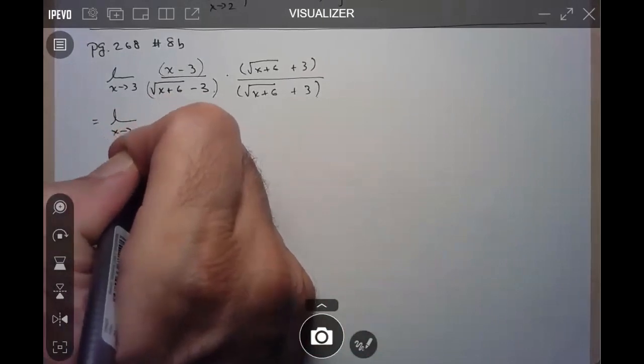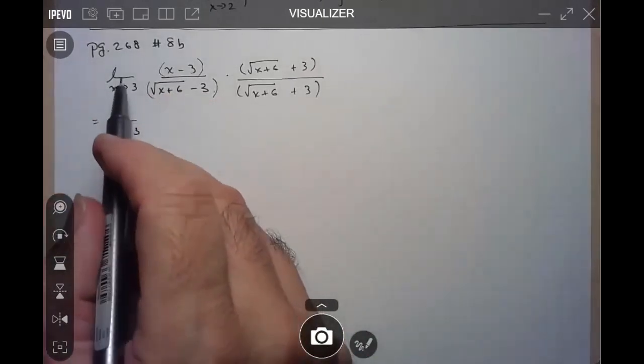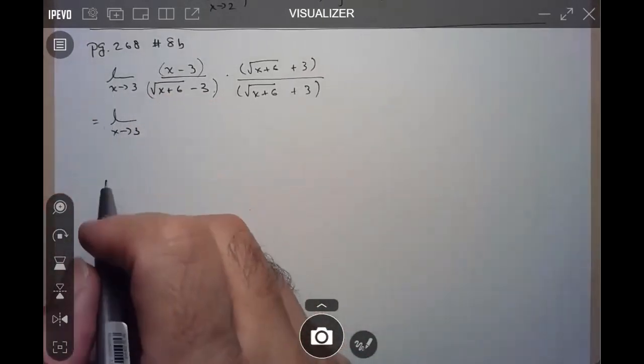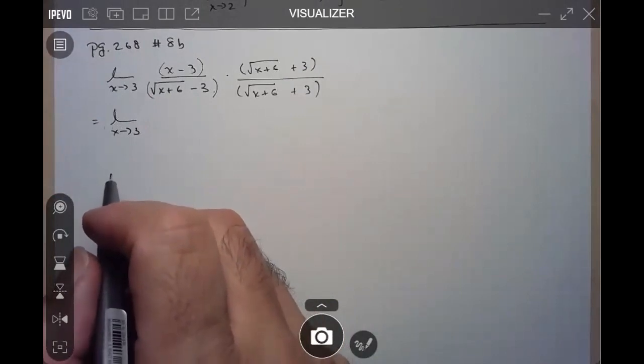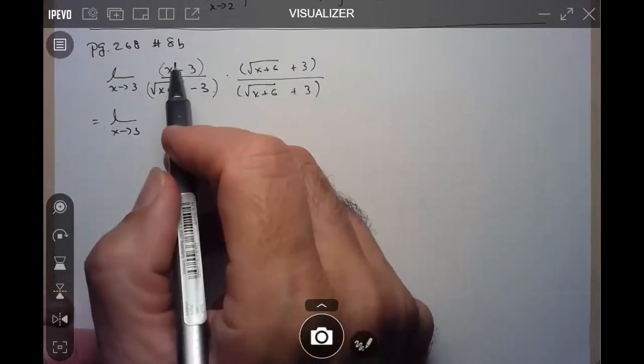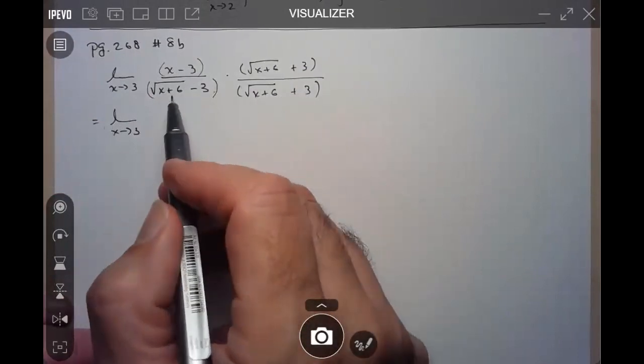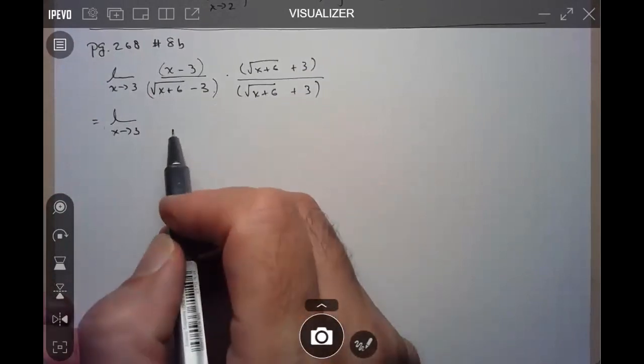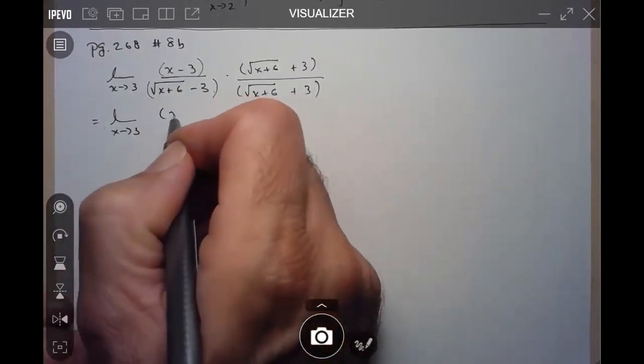So the limit as x approaches 3. You've got to keep this down. We're not evaluating the limit yet, so you have to make sure you write the notation at every point. Now, I'm not going to multiply this out, and the reason is this: it's the denominator where I need stuff to happen. So I'm not going to do anything with the numerator yet.